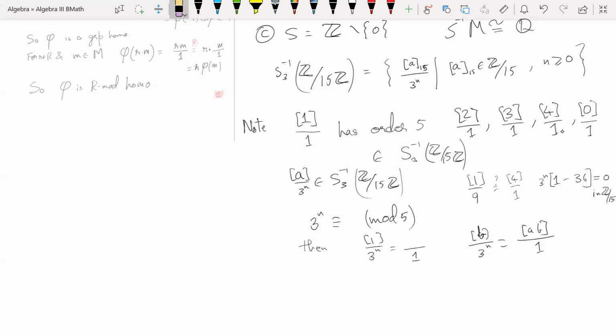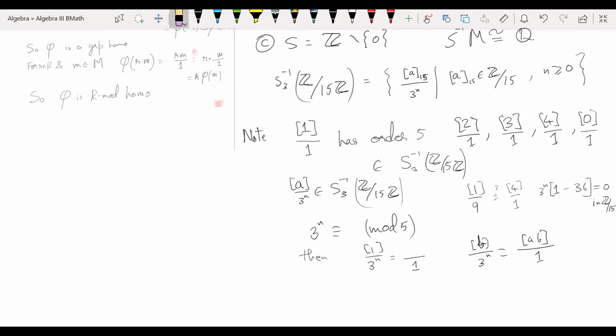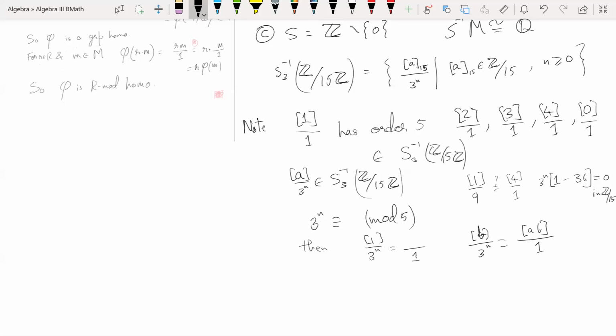Since 3 is co-prime to 5, given 3 power n, there exists A such that A times 3 power n is 1 mod 5. Let's erase this to avoid confusion. Then 1 over 3 power n is the same as the class of A over 1. Yeah, now it's okay?